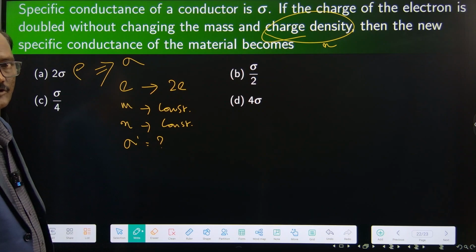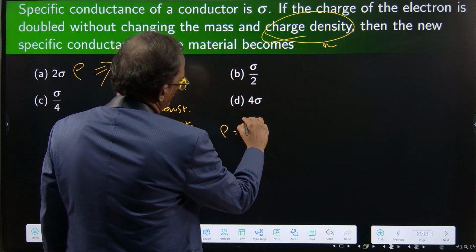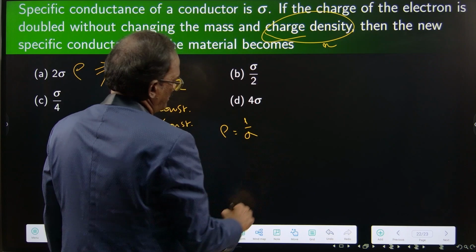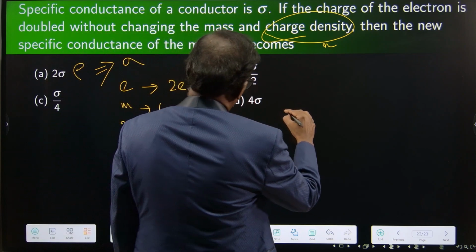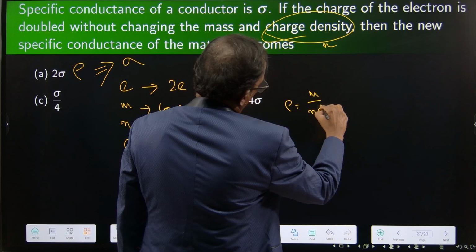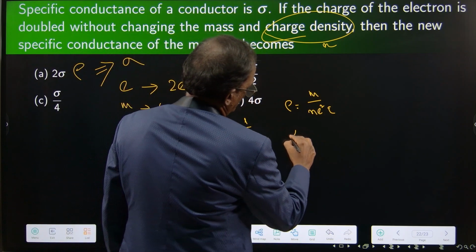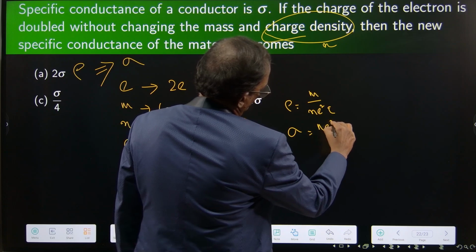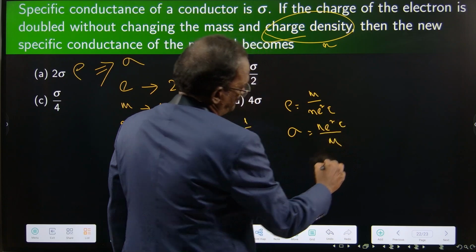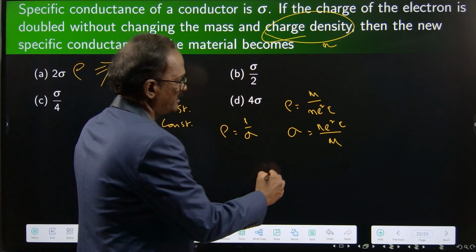See, rho is equal to 1 by sigma. Rho is equal to m upon n e square tau. Then sigma will be n e square tau by m, the reciprocal.